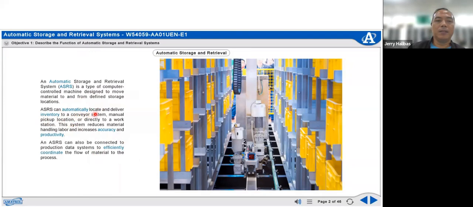ASRS can automatically locate and deliver inventory to a conveyor system, a manual pickup location, or directly to a workstation. This system reduces material handling and labor, and increases accuracy and productivity.